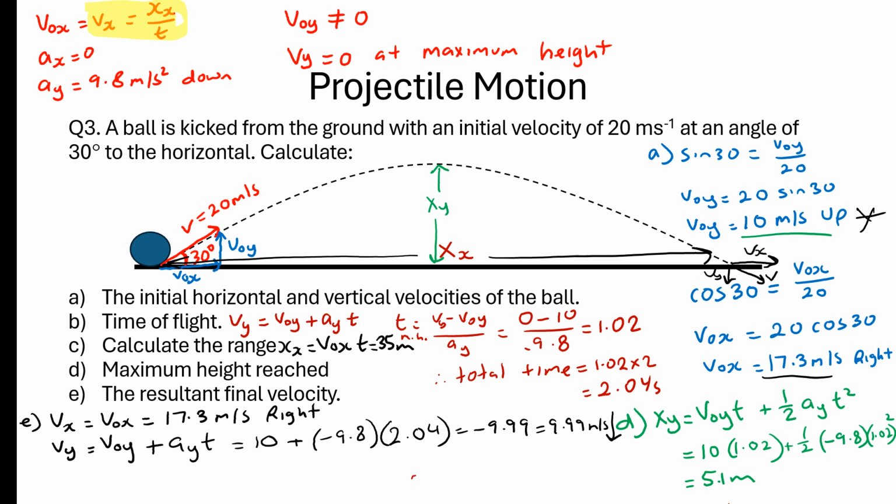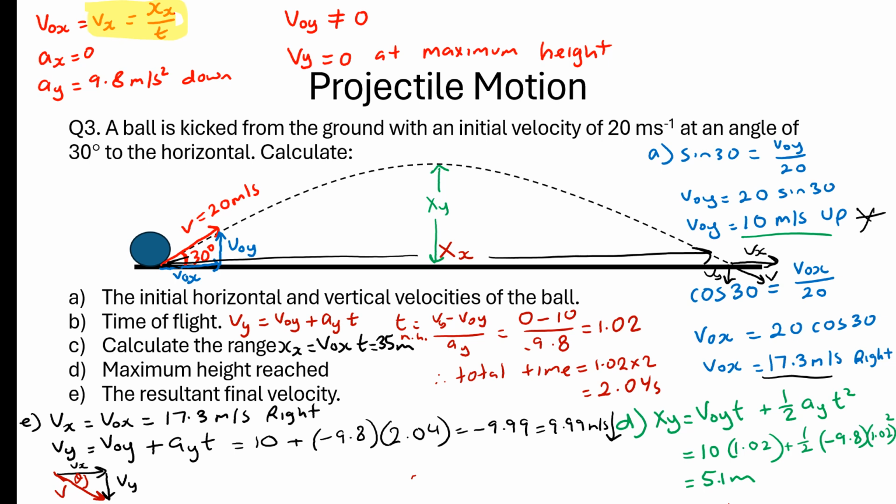Alright, so now let's draw our vector diagram and find the final velocity. Vx is to the right, Vy is downwards, and we are interested to find the value of V, the resultant final velocity. And to find V, we need to find the direction as well, the value of the angle. So let's use Pythagoras theorem.